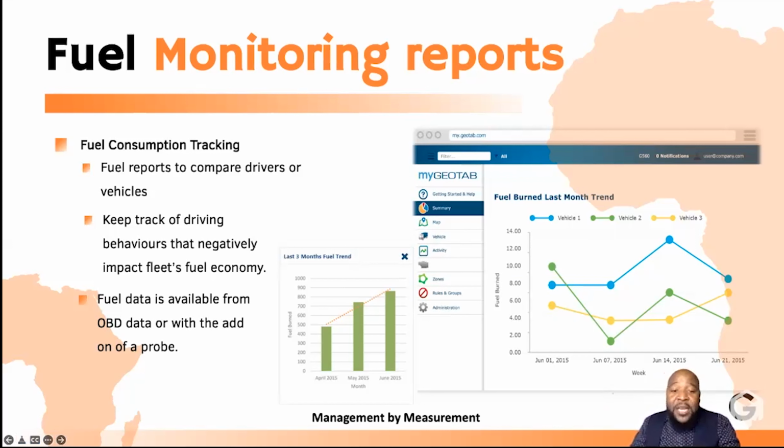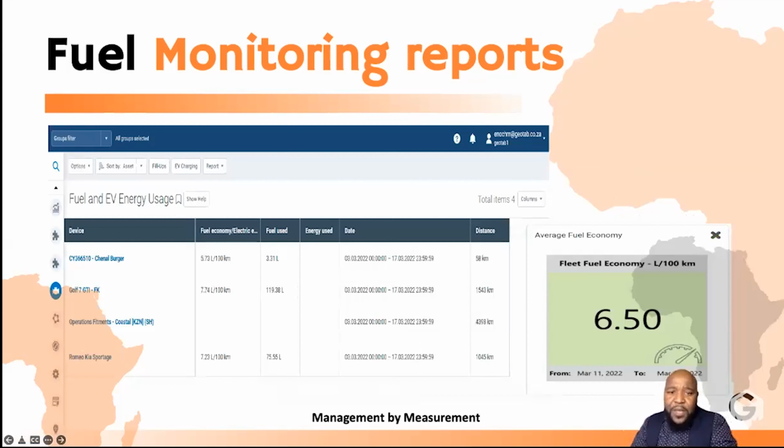So we see that fleet managers can observe that vehicle 3 in yellow has a more consistent consumption compared to vehicle 1 in blue, who had a huge spike in consumption in the second week of the month. Fleet managers can then use such data in the long run by monitoring and adapting the contributing factors of vehicle 3 to all the fleet.